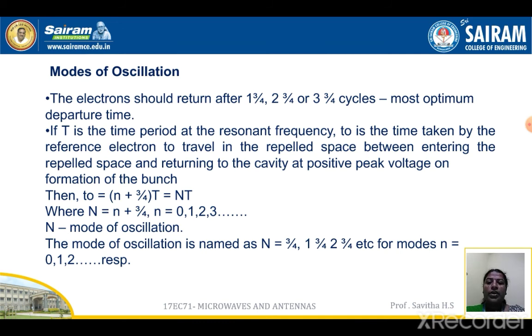So T0 = (N + 3/4) T = n T, where n = N + 3/4 and N is 0, 1, 2, 3, etc. N is the mode of oscillation. The modes of oscillation are named n = 3/4, 1 3/4, 2 3/4, etc., for modes N = 0, 1, 2 respectively.